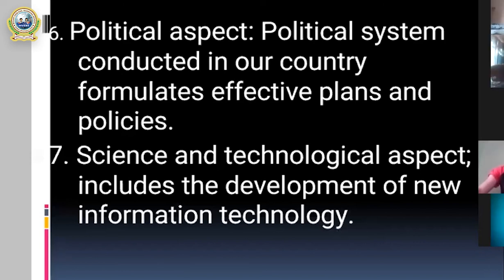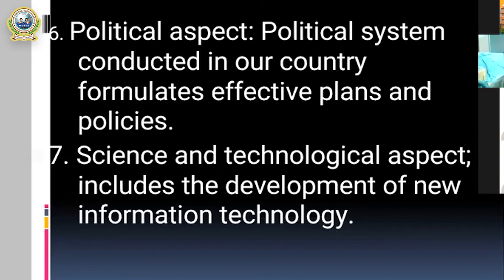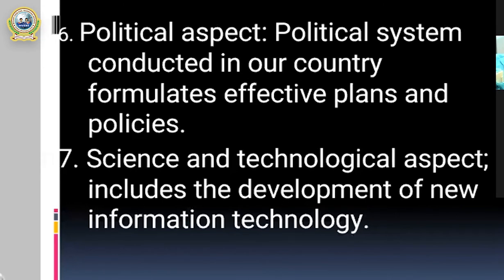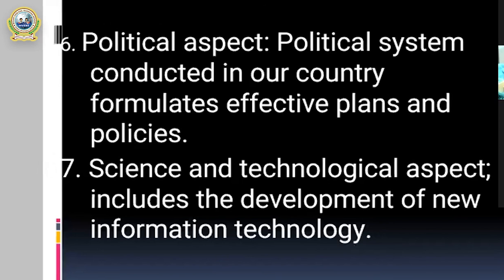Each and every aspect, all the seven aspects, is very essential to clarify that the three terms health, population, and environment are interrelated, right?